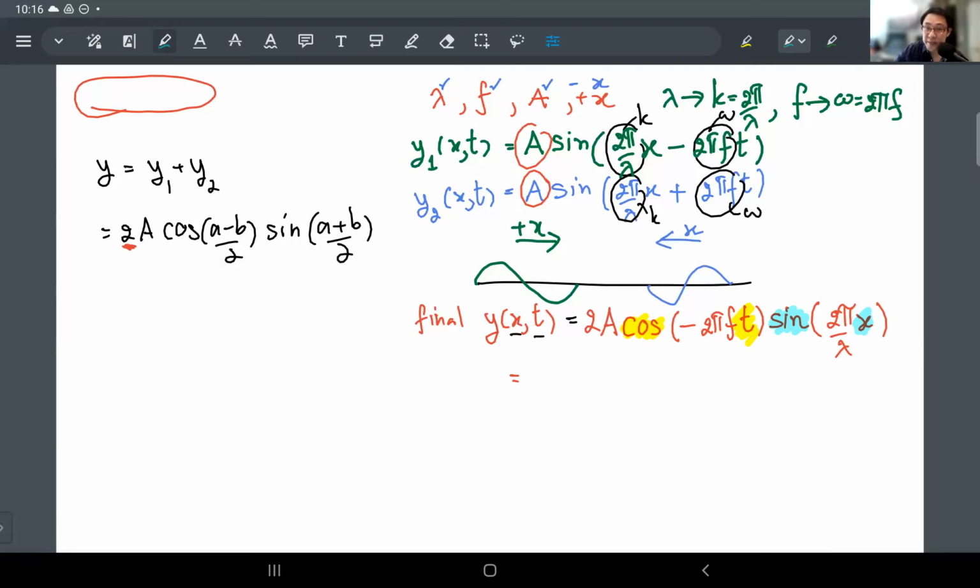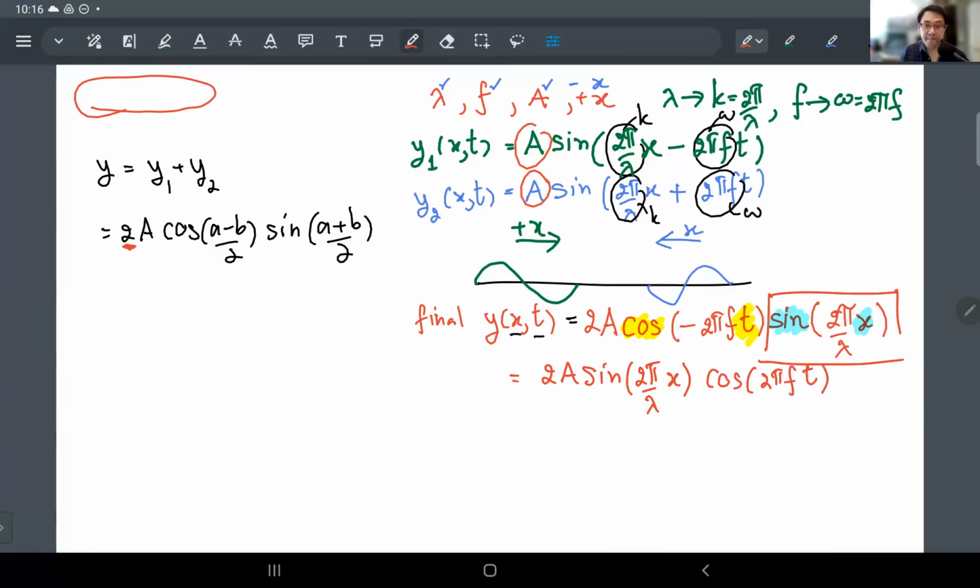The reason I say it's nice is because of this. If I rearrange this term one more time, just to make it a little bit nicer, I can write it like 2a, let me pull that space portion of this function into the front, sine of 2 pi over lambda x, and let me keep that cosine toward the end.